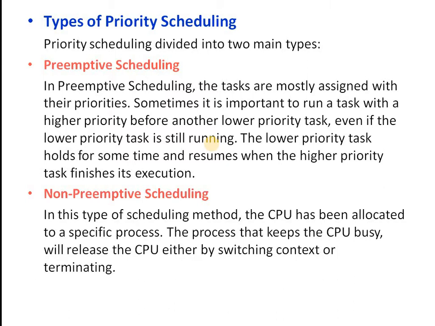Means, if a new process arrives with a higher priority than the current running process, the incoming process is put at the head of the ready queue, which means after the execution of the current process, it will be processed. Means, the currently running process completes its task and then a newly arrived higher priority process is assigned. That is called a non-preemptive scheduling algorithm.